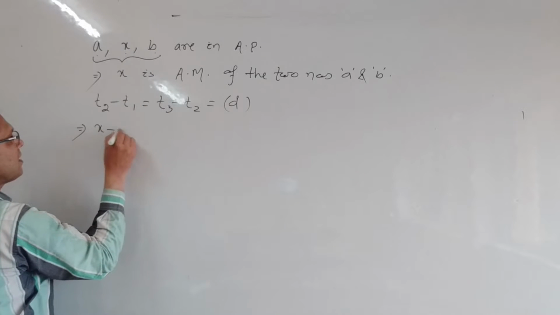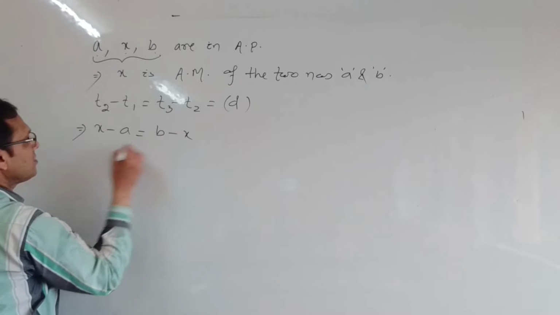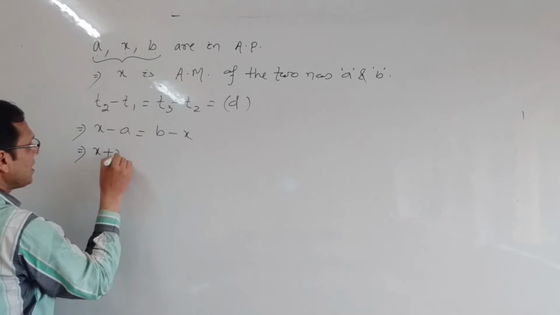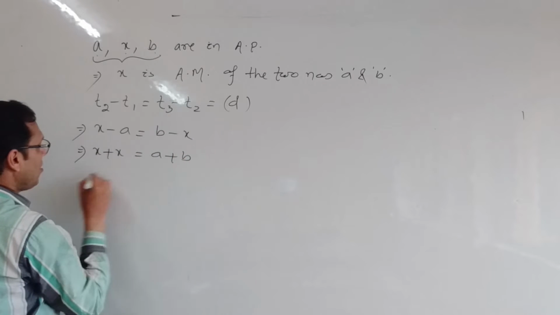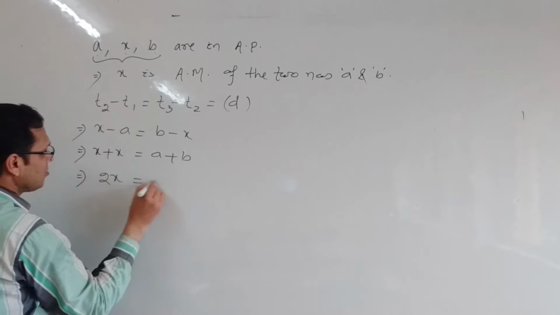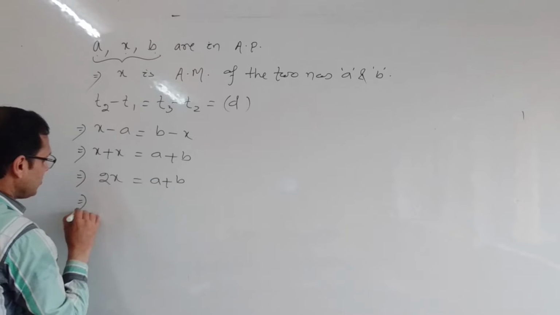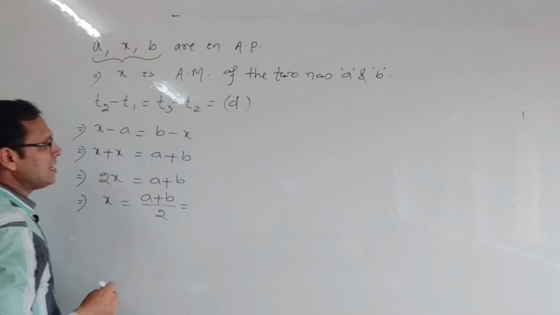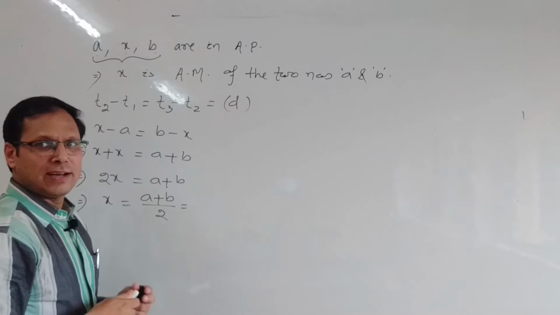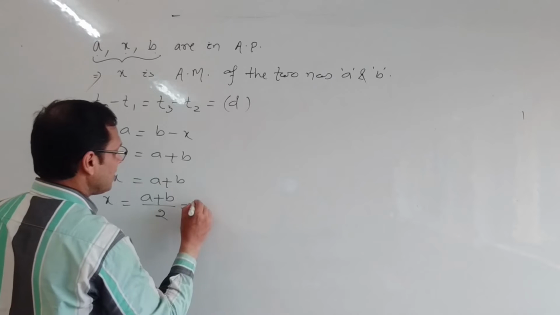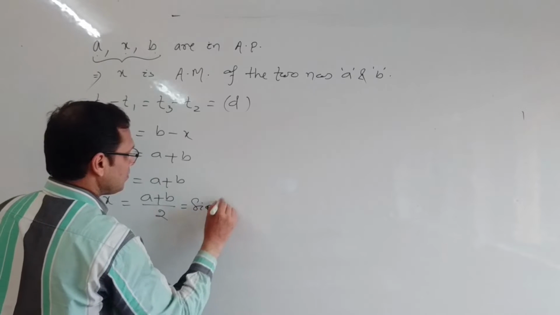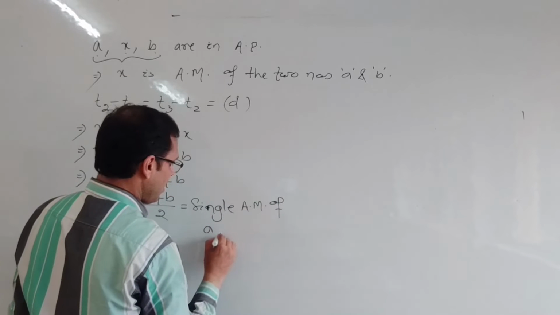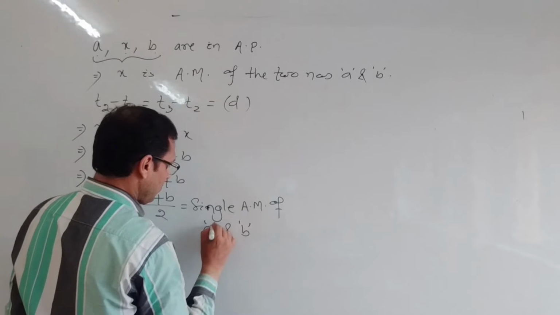That means x minus a is equal to b minus x, or in other words, transferring minus x to this side, x plus x is equal to a plus b, or 2x is equal to a plus b. That implies x is equal to (a plus b) by 2, which is the single arithmetic mean. You can write here single AM of the two numbers a and b.